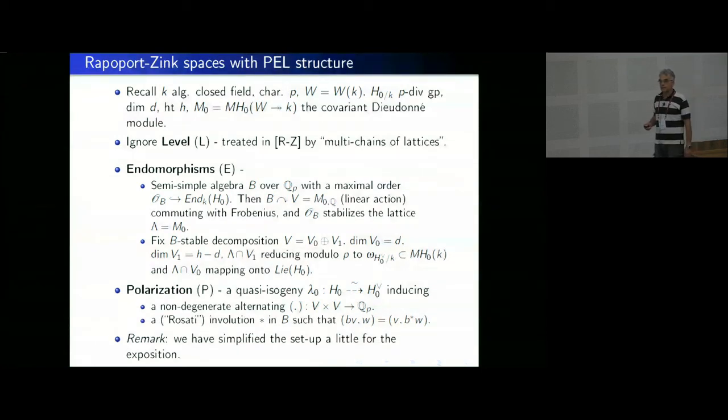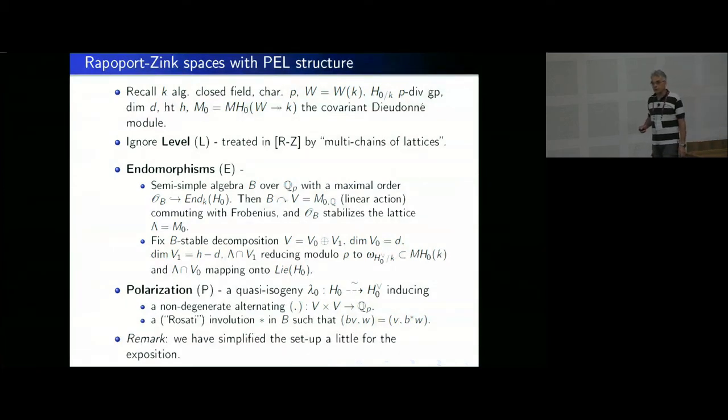By functoriality, this B will act on the rational Dieudonné module or the crystal evaluated W in a way that commutes with Frobenius and will stabilize the lattice given by the crystal itself, not the rational crystal.